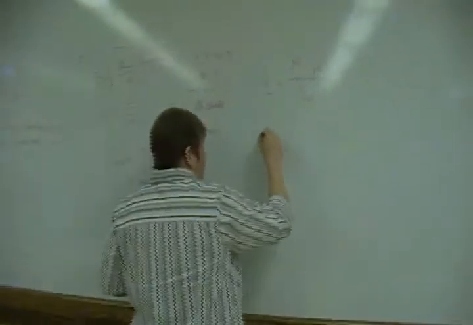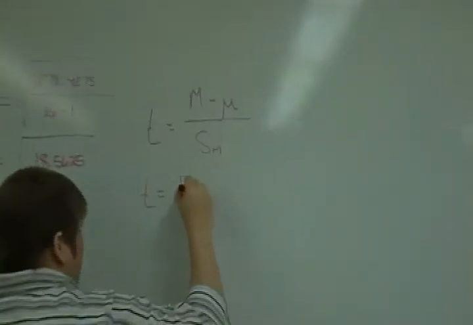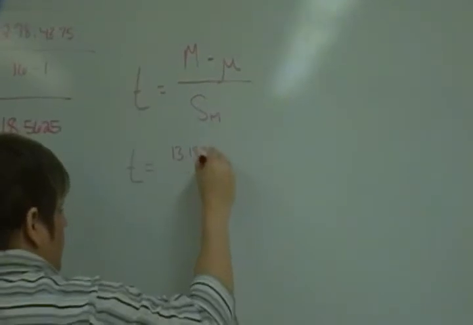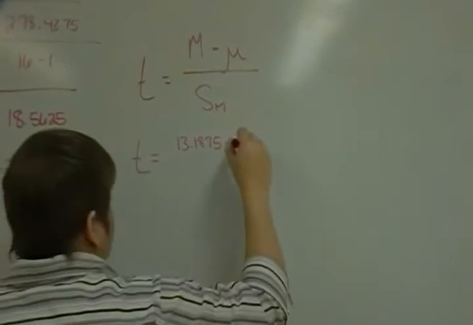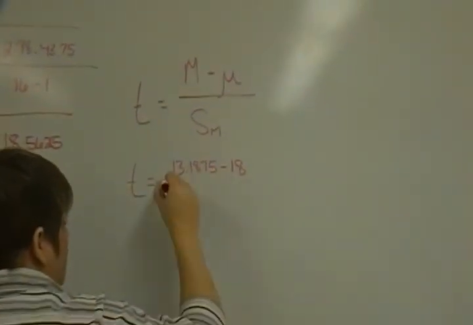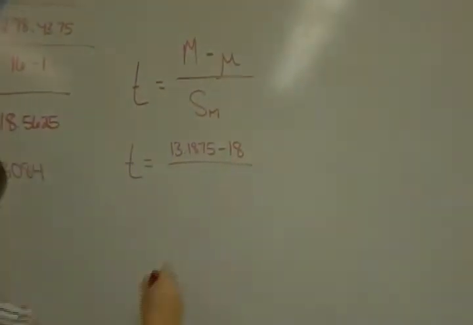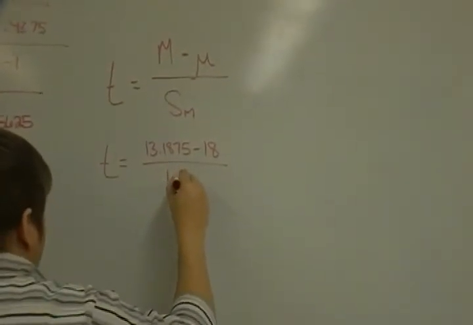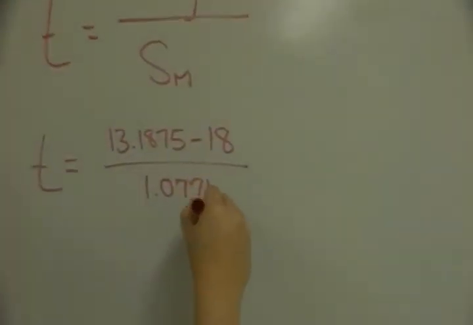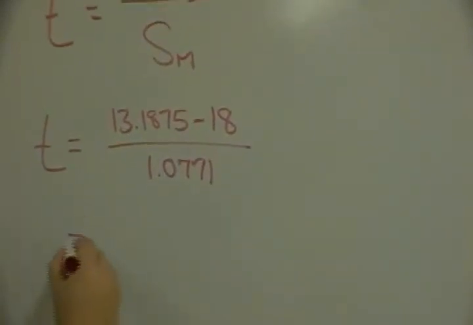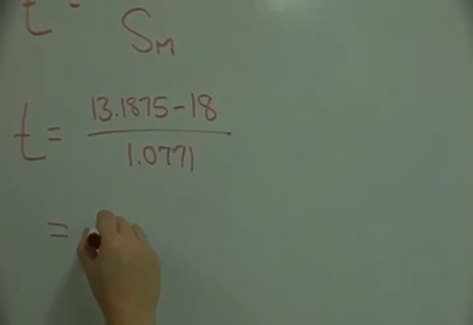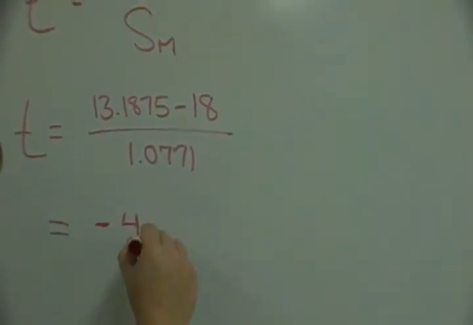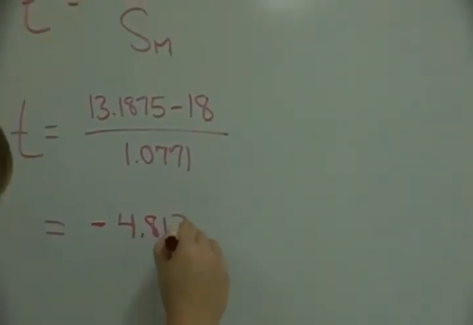So our t-value for step 3 is going to be equal to 13.1875 minus the mean in the population, which is 18, divided by the standard error of the mean, 1.0771, okay? So I end up with negative 4.8125.